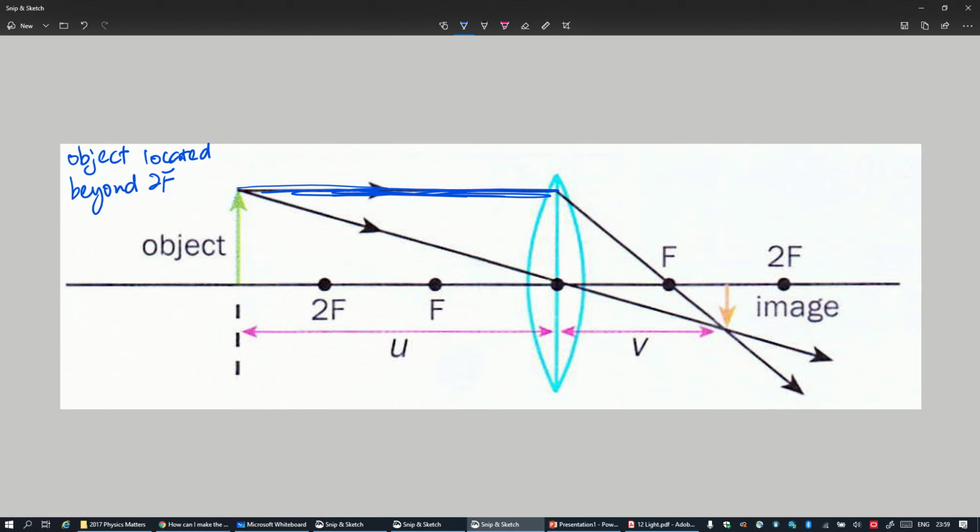The second light ray from the lens through the principal focus, and a third ray from the object through the optical center, and at the intersection of the second and third ray you get the position of the sharp image formed.